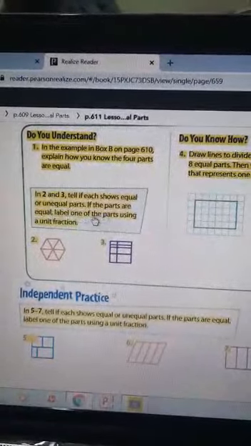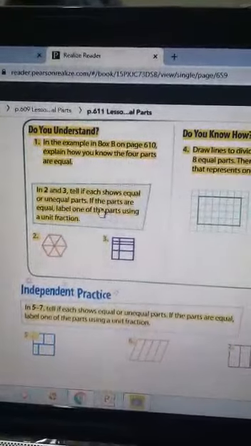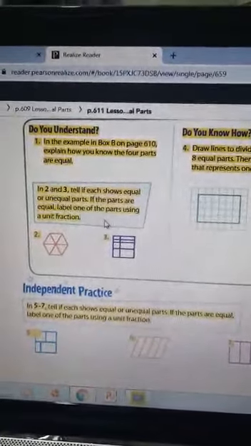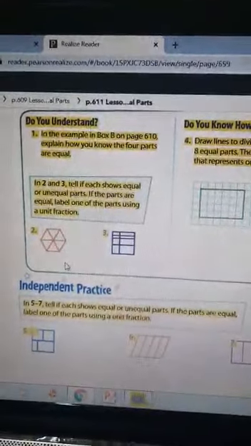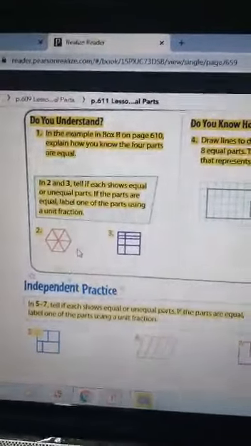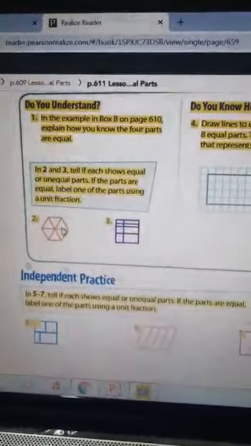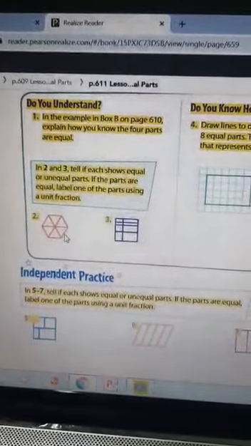In 2 and 3, tell if each shows equal or unequal parts. If the parts are equal, label one of the parts using a unit fraction. So what are you going to use? A unit fraction, which is like 1 of 4. But you will look at the shape. You will count how many parts, and they should be equal again.